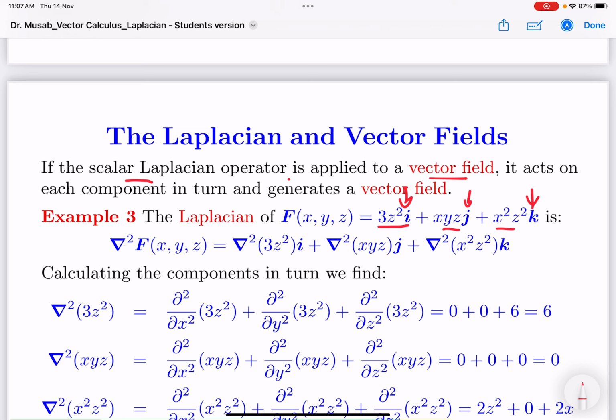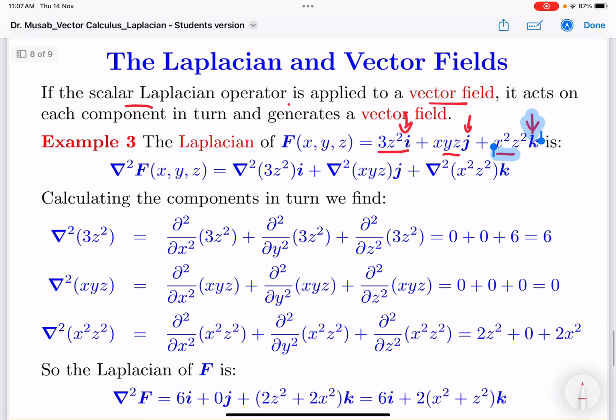So in each component, to calculate the Laplacian of the vector component, we need only consider the part given. So if this one is j, you only consider j. You see j is a y component, right? What else? Okay, so this is the 3z squared for the component j, x, y, and z.